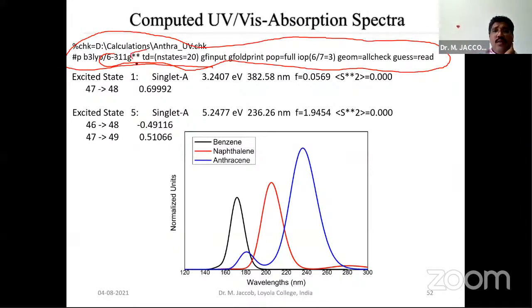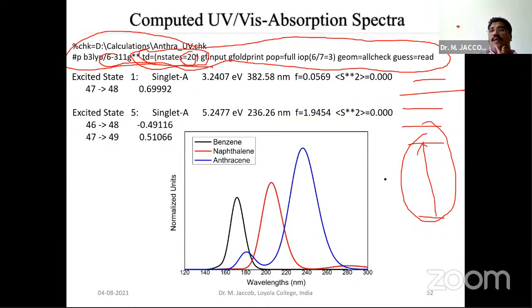You can see this is TD, that is a time-dependent density functional theory calculation. We can use n states 20. That means we try to get from the S0 level to the S1 level. There are 20 kinds of transitions. Out of these 20 levels, which is most observed in the experimental value.